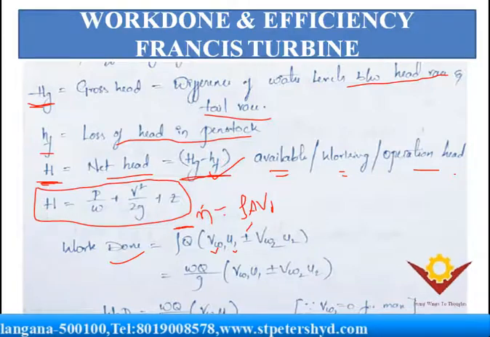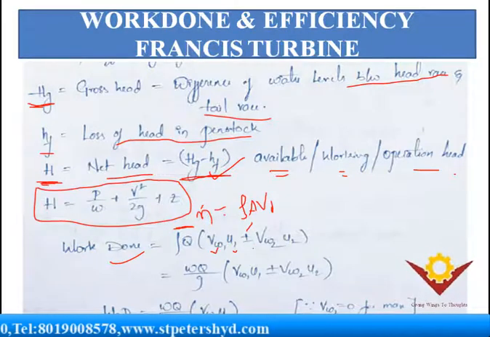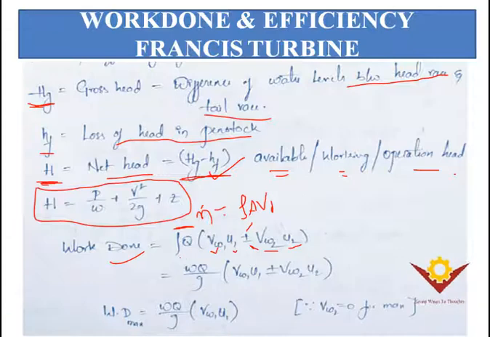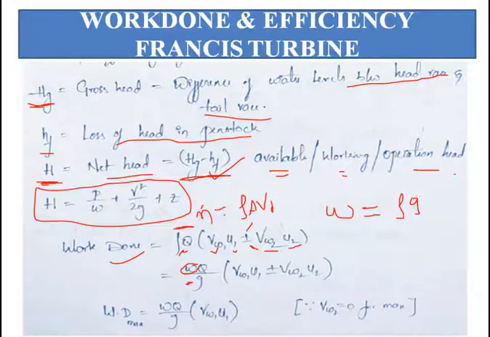Plus is used when beta is acute, minus is used when beta is obtuse, and then the whirl velocity at outlet and the blade velocity at outlet. You can write this in this way. Why? Because W is the specific weight, which equals rho g. So the numerator g and the denominator g cancel, and again what you get is rho Q.